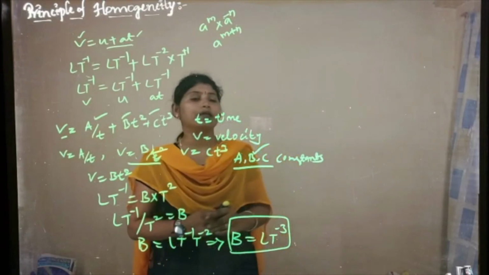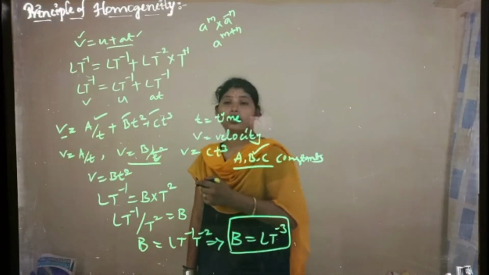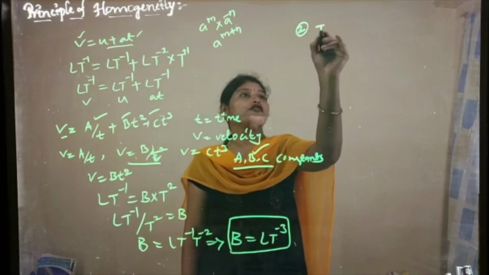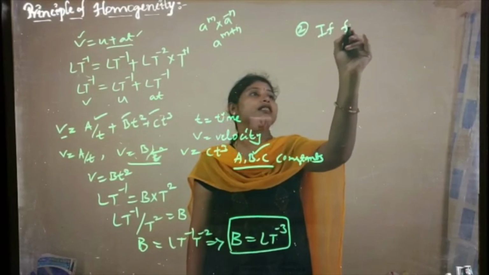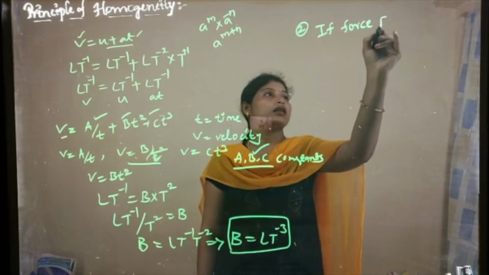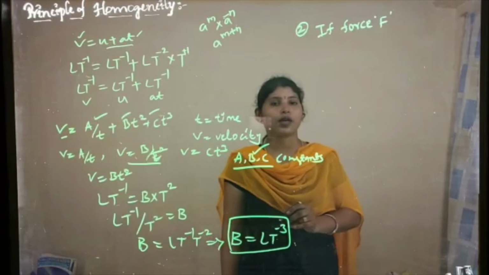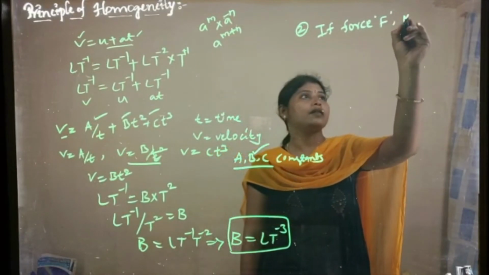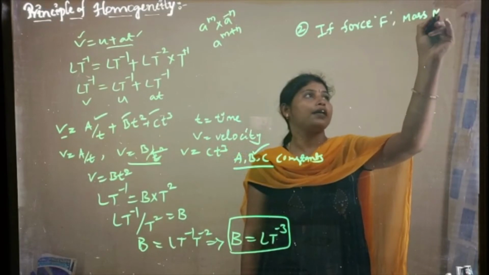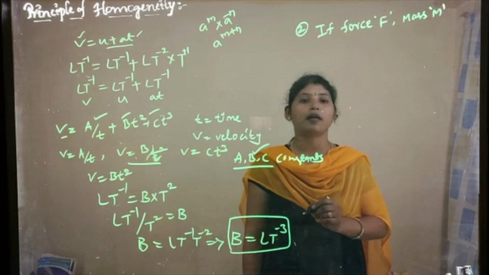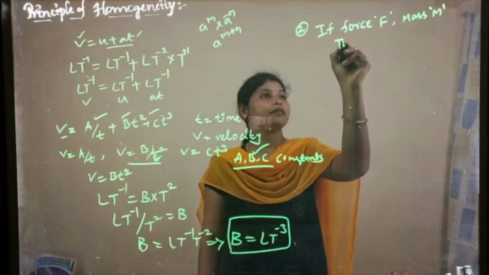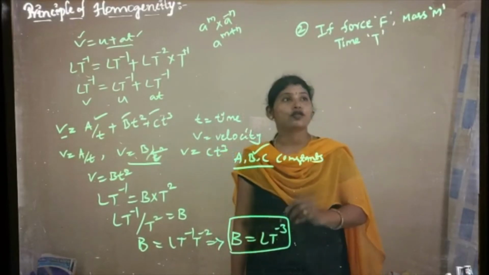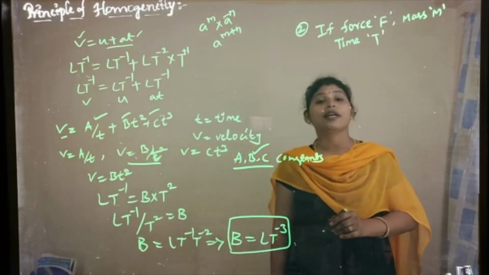Now we are going to the next problem. If force is represented with capital F, mass with capital M, and time with capital T, these are chosen as the fundamental quantities.